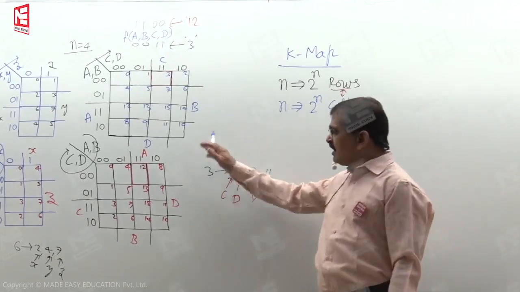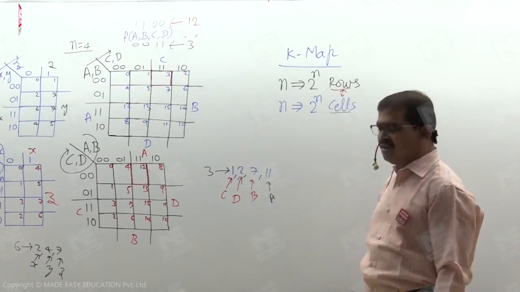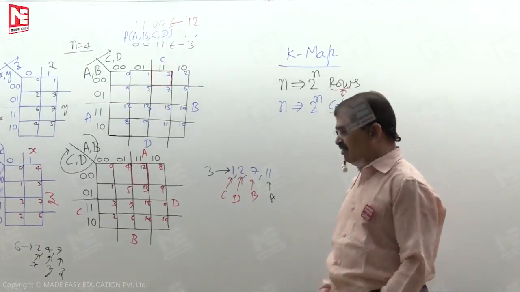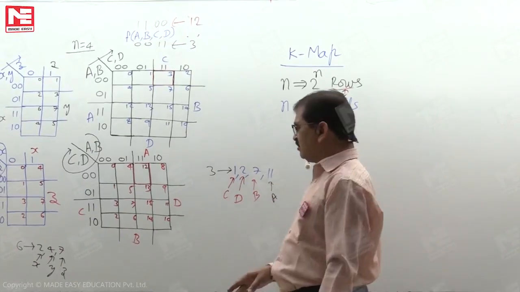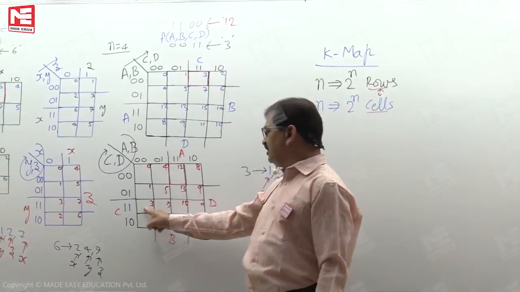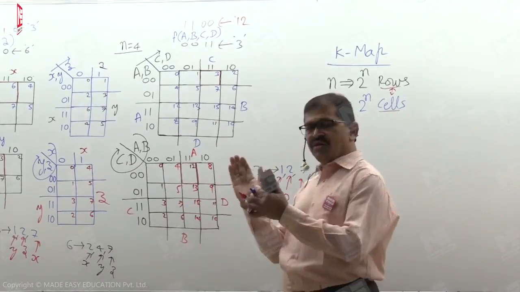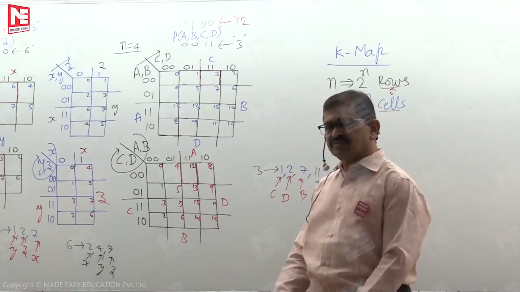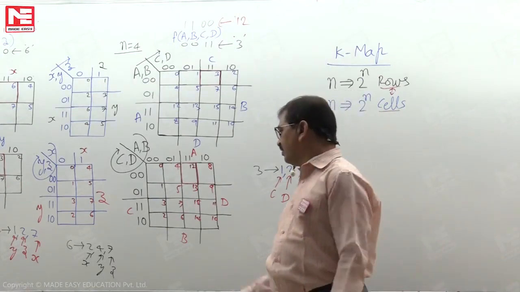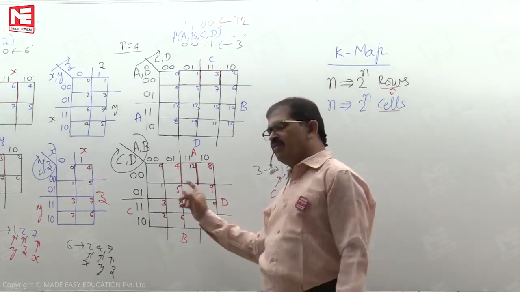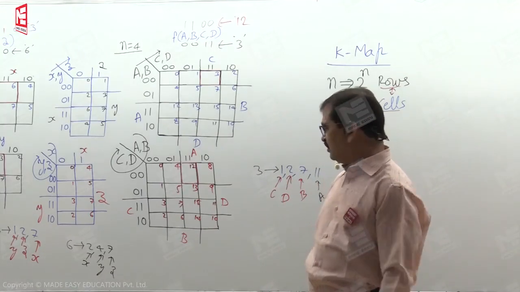Whether we read from this or from this, the answers are the same. Our answers on the adjacent cells will be the same. For cell 3, the adjacent cells will be 1, 2, 7 and 11. Here we are folding vertically. Then 3 and 11 have the common line, so 11 is an adjacent cell.